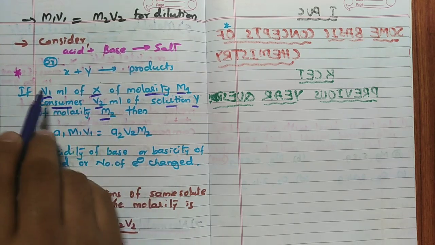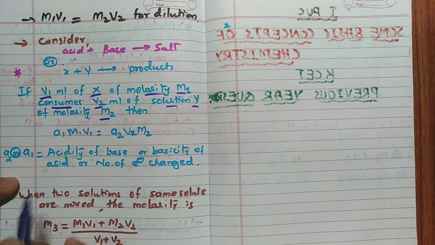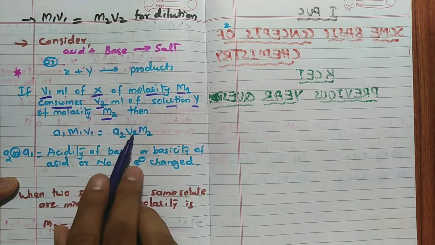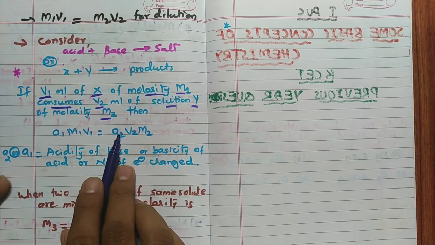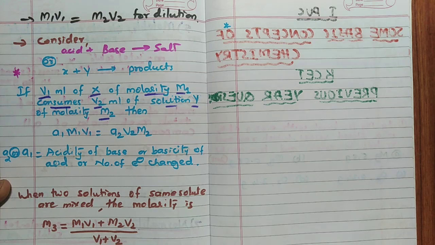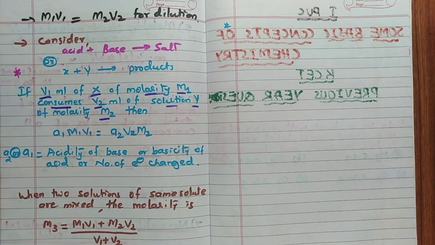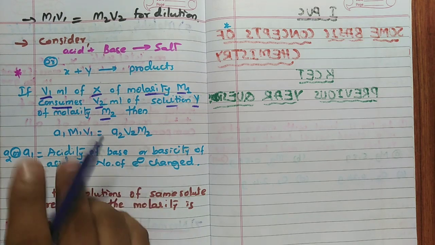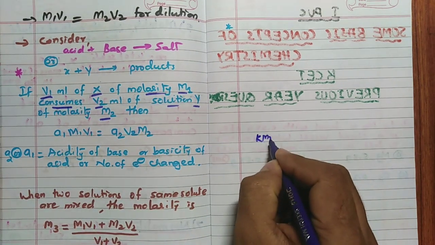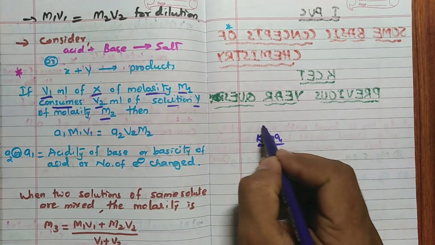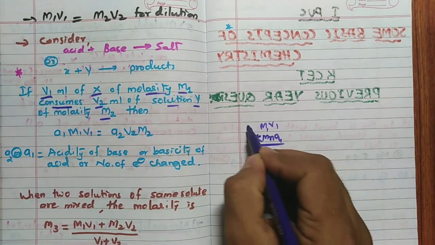So this is the stoichiometry reaction where A1 M1 V1 equals A2 M2 V2. What is A1 and A2? If you remember, for potassium permanganate and FAS, ferrous ammonium sulfate titration, which you have done in the exam also, you have considered A1 M1 V1 for potassium permanganate KMnO4, in which A1 is 5.